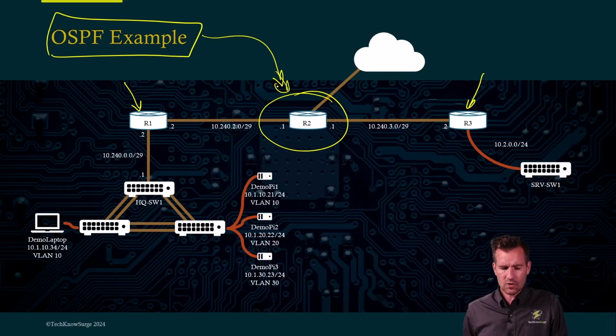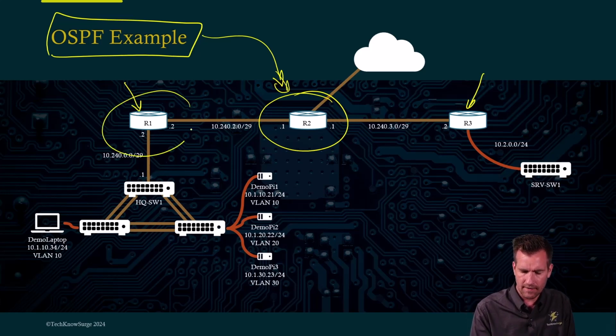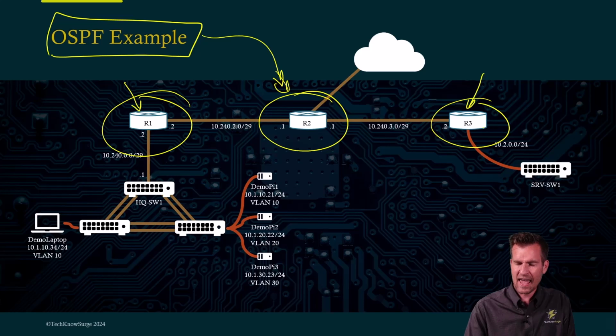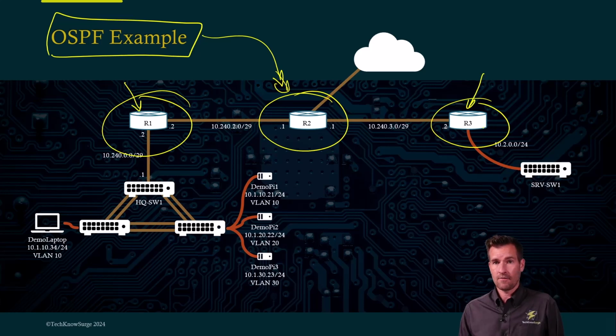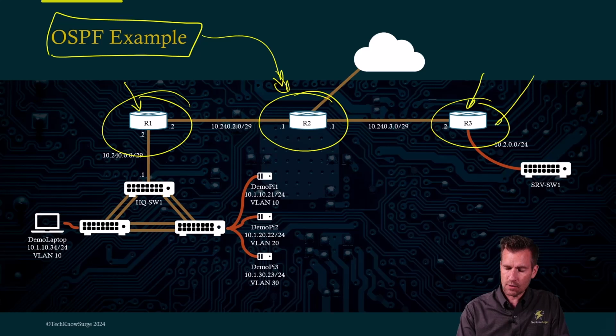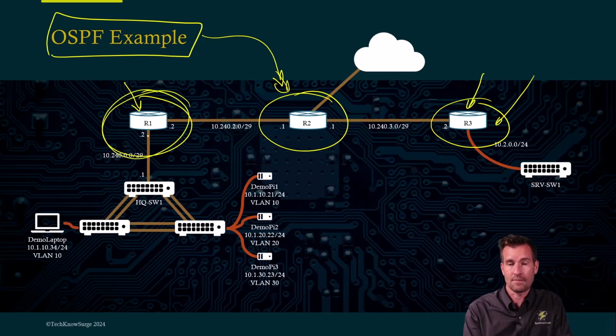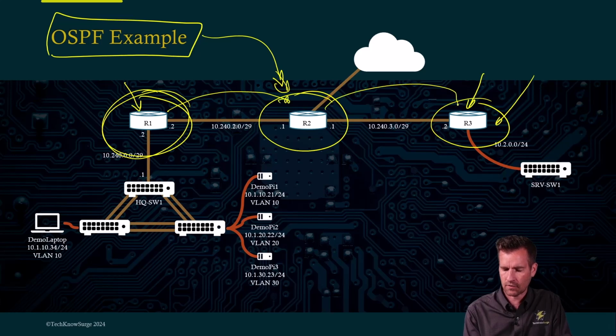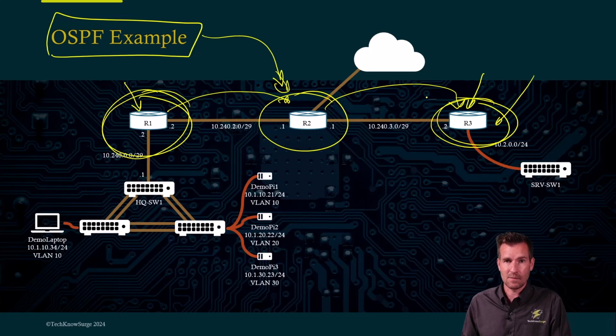We still want to run OSPF on router 1 and router 3 and any other routers we have for our whole corporate network. However, we need to interconnect these two. If OSPF can't talk to this in-between router and transfer the data between router 1 and router 3, that's going to be problematic.